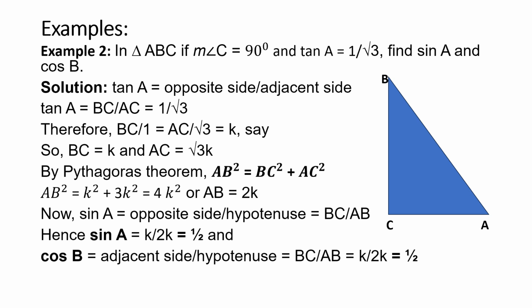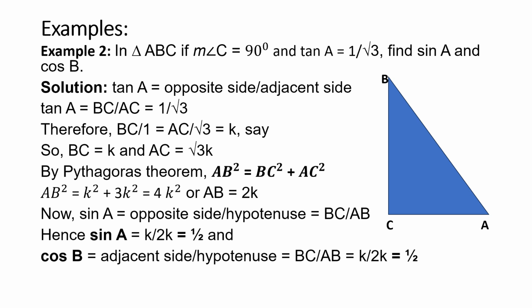Now bring root 3 to this side, so it will be BC upon 1 is equal to AC upon root 3. Let us assume that this is equal to some value K. So BC upon 1 is K, so BC is K. AC upon root 3 is K, so AC is root 3K.